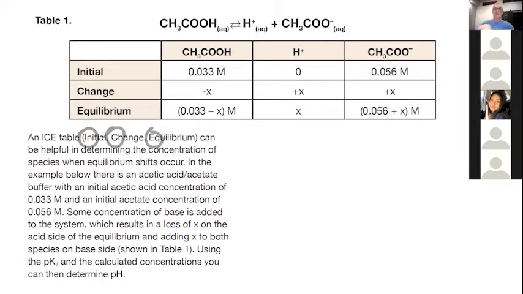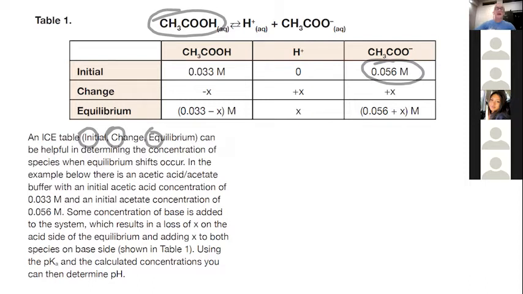So what that means is, at the beginning, if I had a solution of 33 millimolar acetic acid and 56 millimolar acetate ion, what would the pH be?